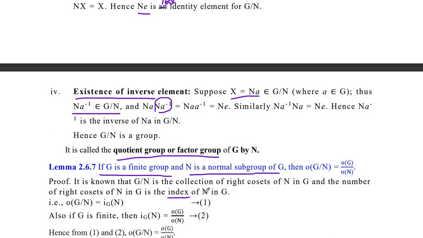So the index of N in G is the number of distinct right cosets of N in G. Therefore, the order of G mod N is nothing but the index of N in G.